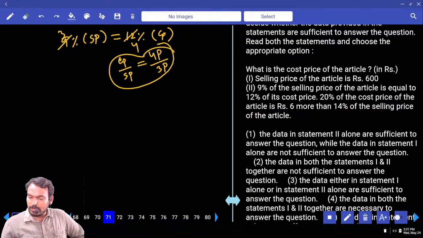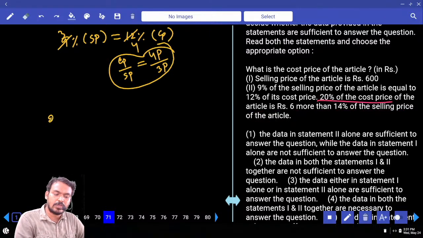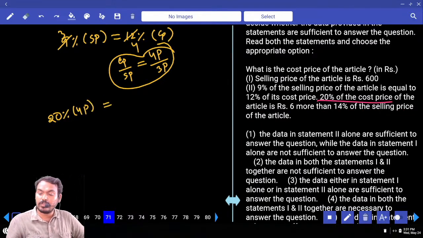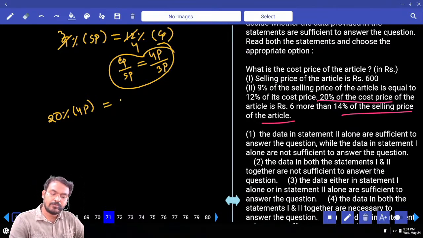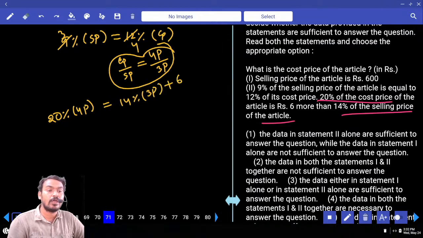In second, 20% of cost price means 20% of how many parts? 4 parts is 6 more than the which one? 14% of the selling price of the article means 14% of how many parts? 3 parts. Compared to this one, 6 more.